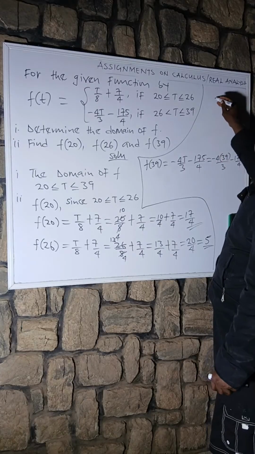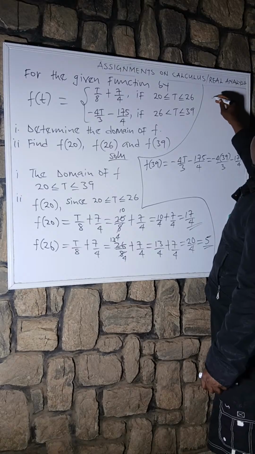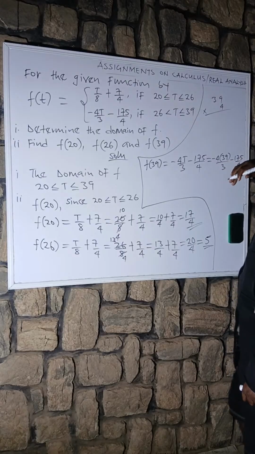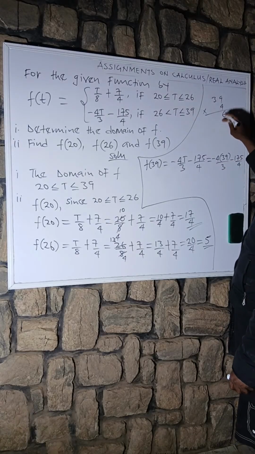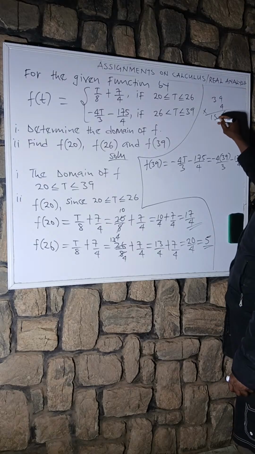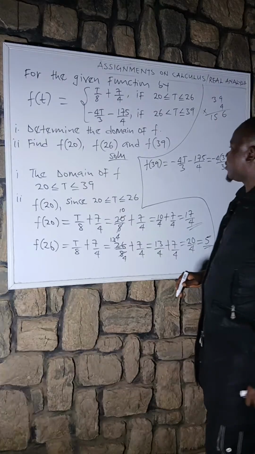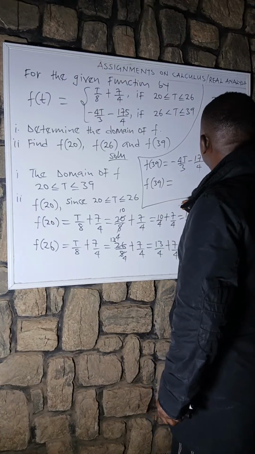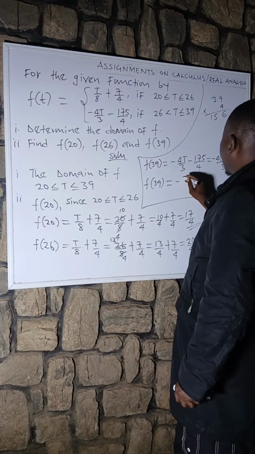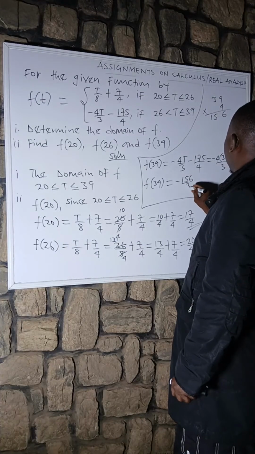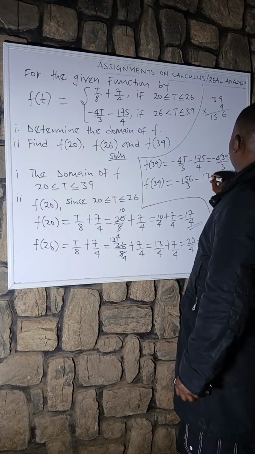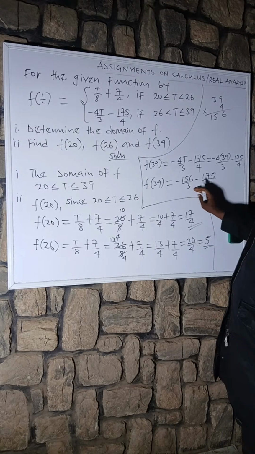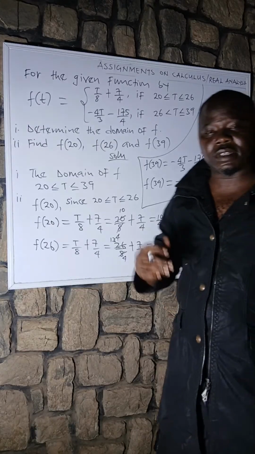So let's multiply 39 times 4. This is going to give us what? 36, right? Carry 3, 12, 15, 156. True or false? Yeah. So our f of 39 is equal to minus 156 all over 3 minus 175 all over 4. So here the LCM is going to be what? 12. True or false? Look at the board.